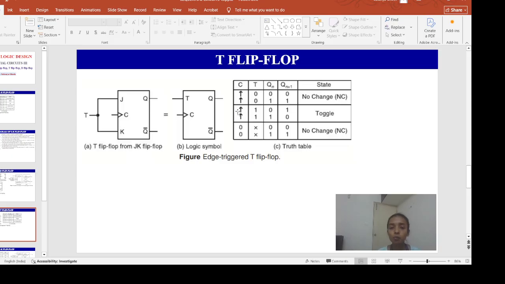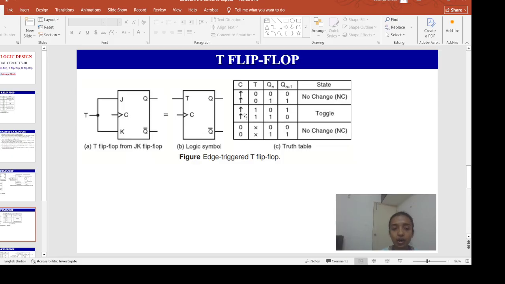Now when the clock pulse is high and T is 1, present state is 0, what will happen? The next state will be 1, because it will simply toggle.